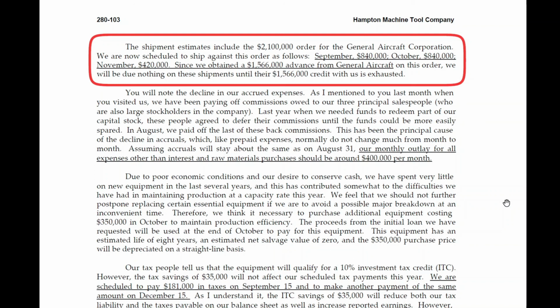This is one big customer, General Aircraft Corporation. This customer placed an order equal to $2.1 million. The shipment has been separated into 3 parts: September, October, and November. This is a customer that provided a cash payment in advance of $1.566 million that we see in the company balance sheet.